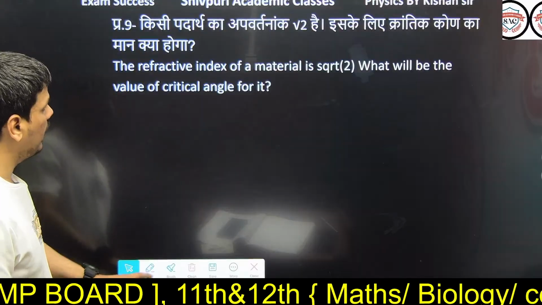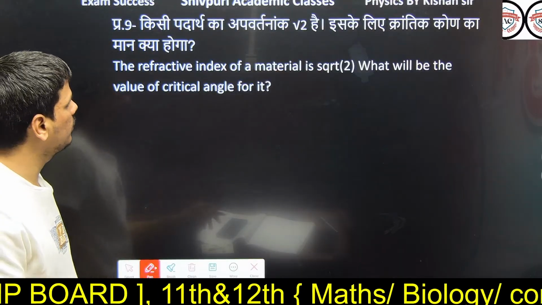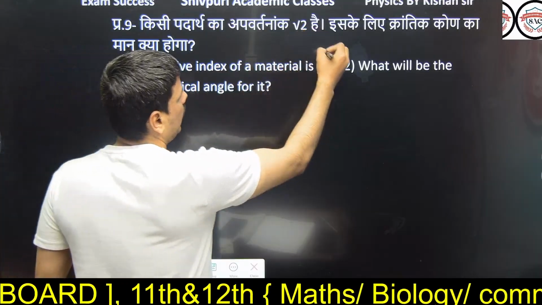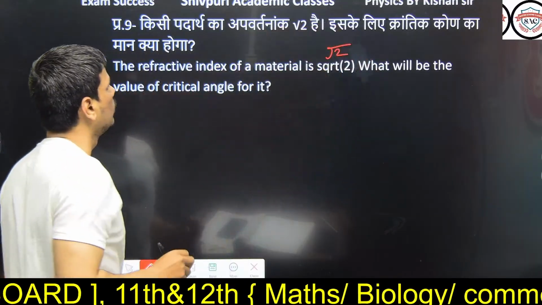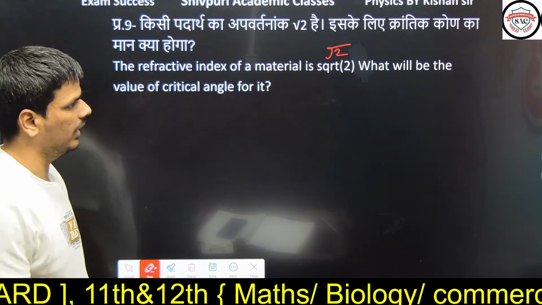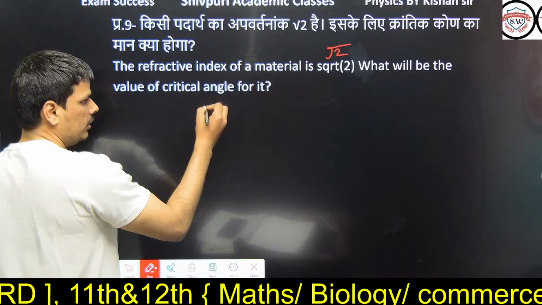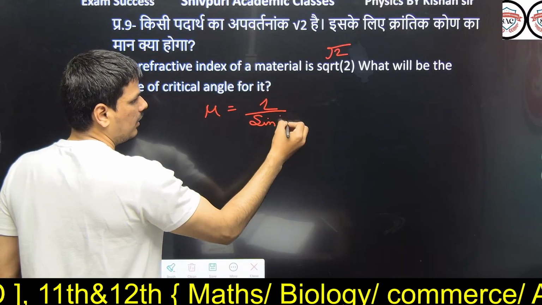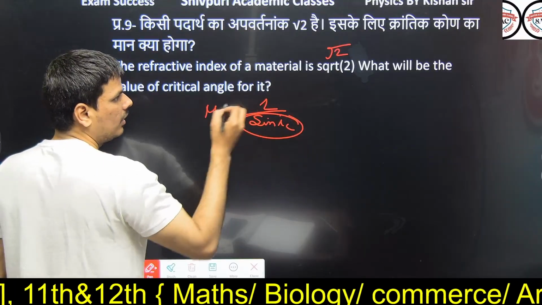Okay, now the next question is some kind of numerical. Here is given, the refractive index of a material is square root 2. What will be the value of the critical angle? So we have the relation mu equals 1 upon sine IC, where IC is the critical angle.